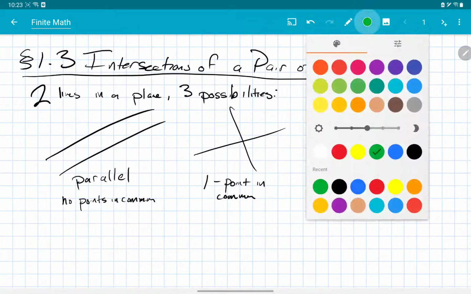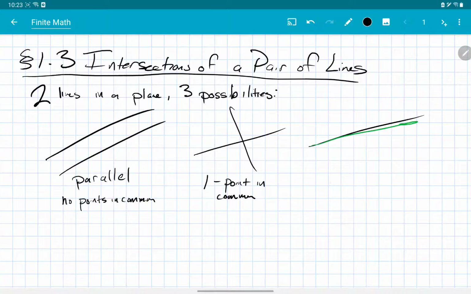That's of course not exactly the same because I can't draw it perfectly, but they're the same exact line. And that means all points in common. So those are the three ways these things can happen.